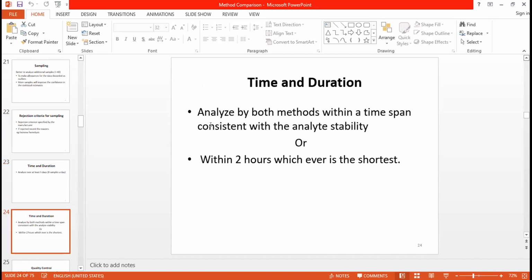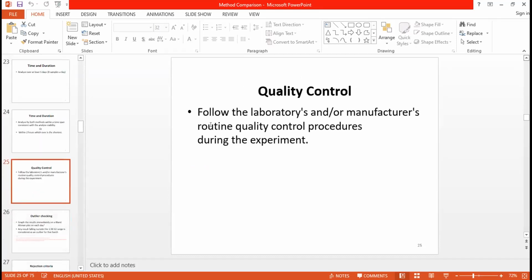All samples should be analyzed within a time frame which is compatible with the stability of the analyte, or within 2 hours of collection, whichever comes earlier. Both methods should have reasonable quality control.